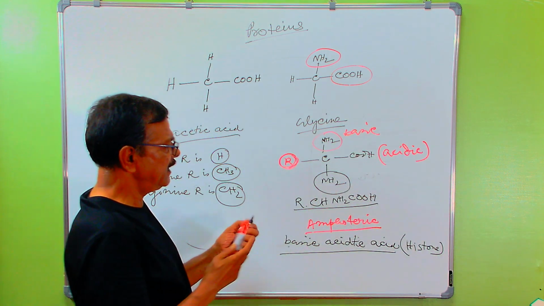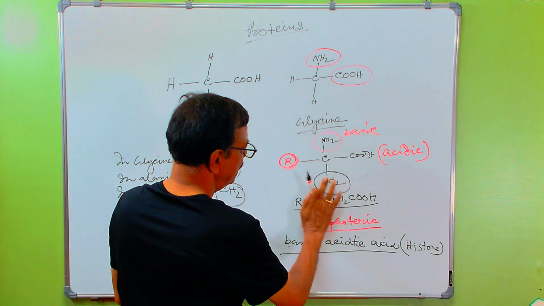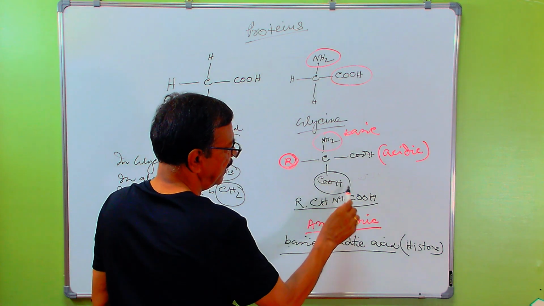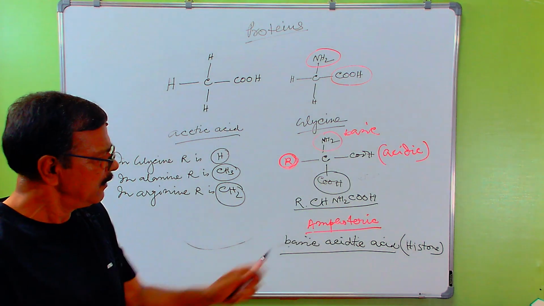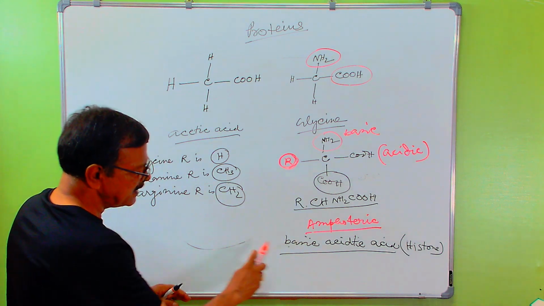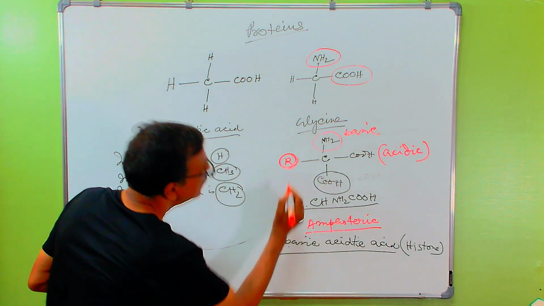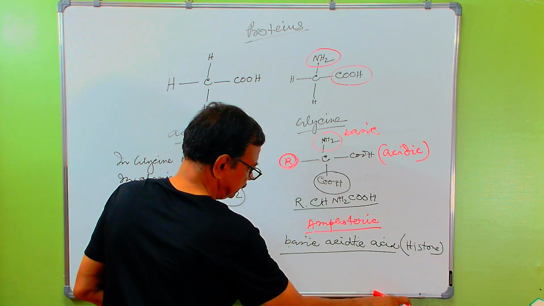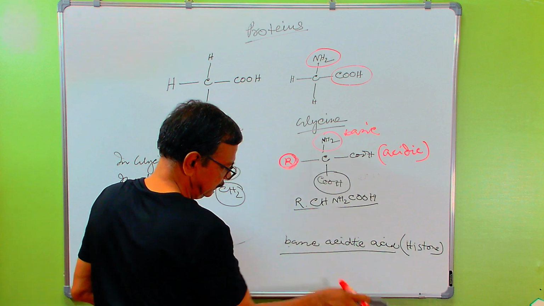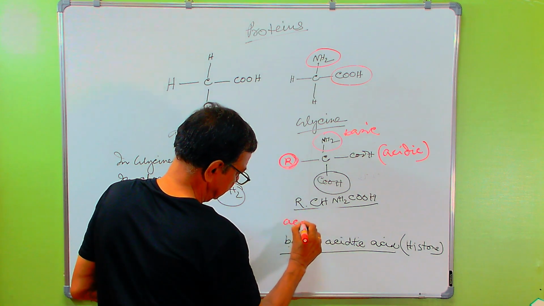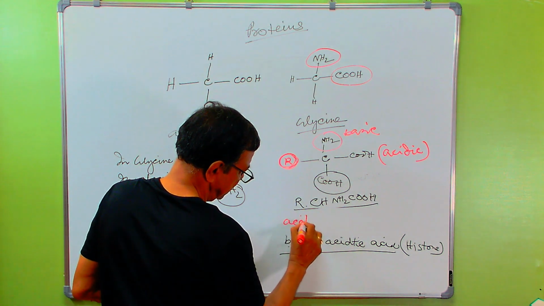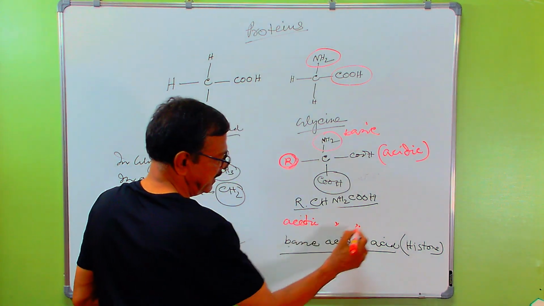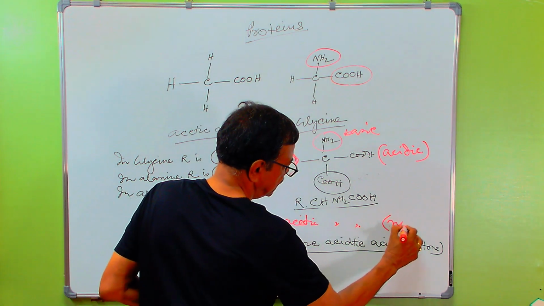Likewise, if it is replaced by one more COOH, one additional carboxyl group is there, so it becomes acidic. So those are called acidic amino acids or non-histone.